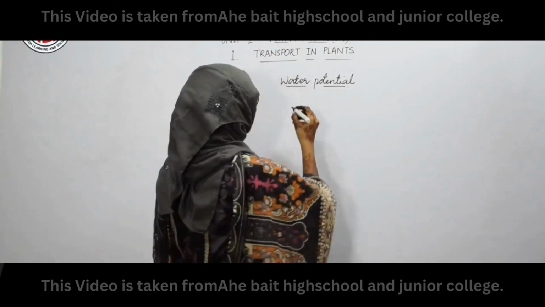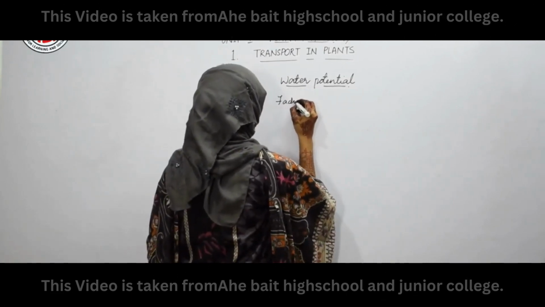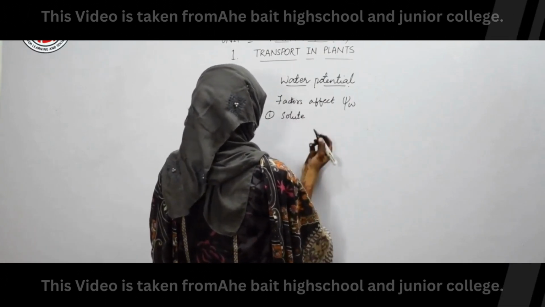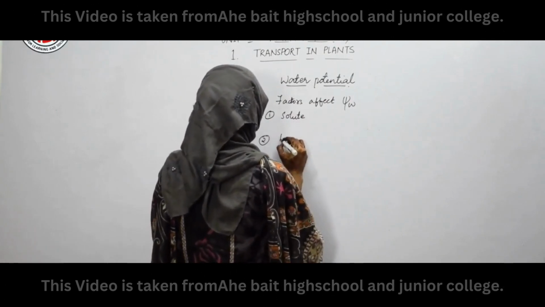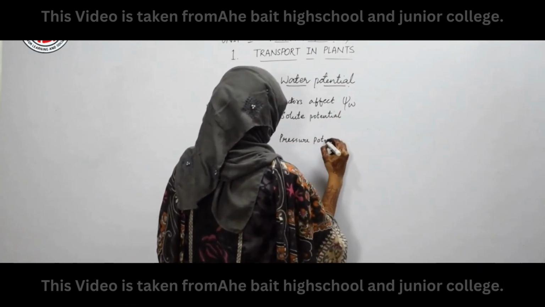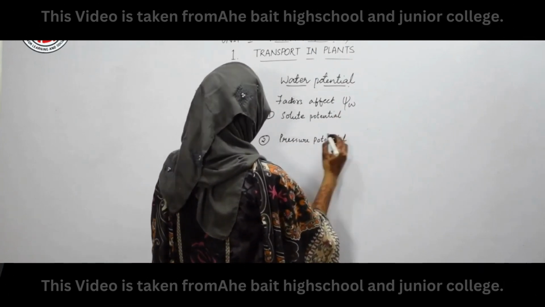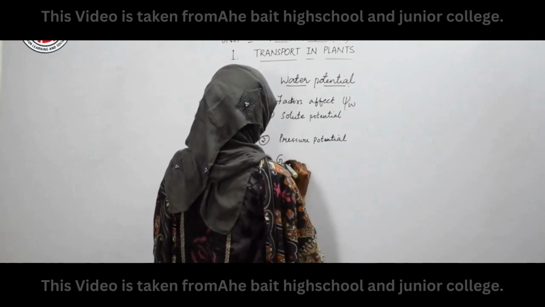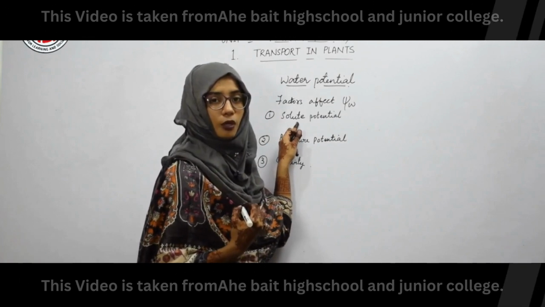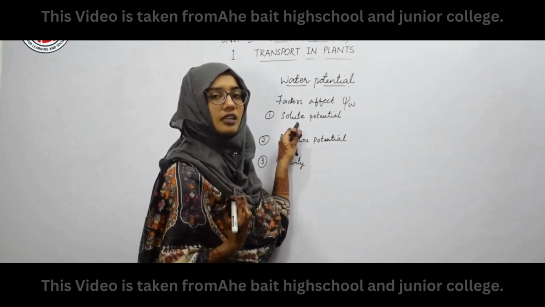Let us talk about some factors that affect the water potential. There are 3 factors that can affect the water potential: solute potential or solute concentration, the next is pressure potential, and the third one is gravity. As we know, the water potential of pure water is maximum and it is taken as 0.